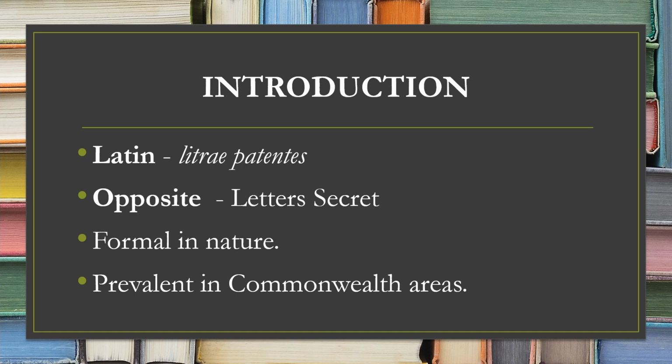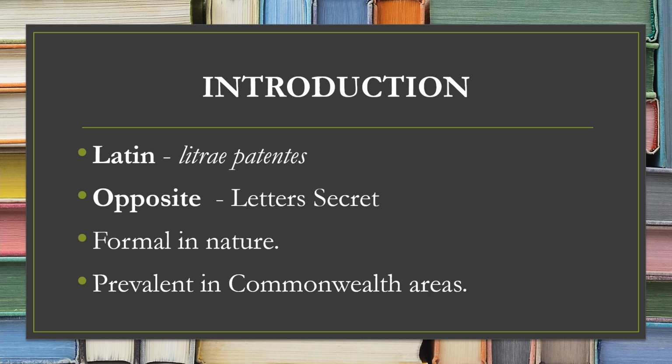Thus, letters patent is a legal instrument that is published by the government or, in older times, by the king or the monarch to establish offices, grant rights, monopolies, or titles to persons or corporations. The opposite of letters patent is letters secret, that are governmental documents issued to a private person and are not available for public inspection.